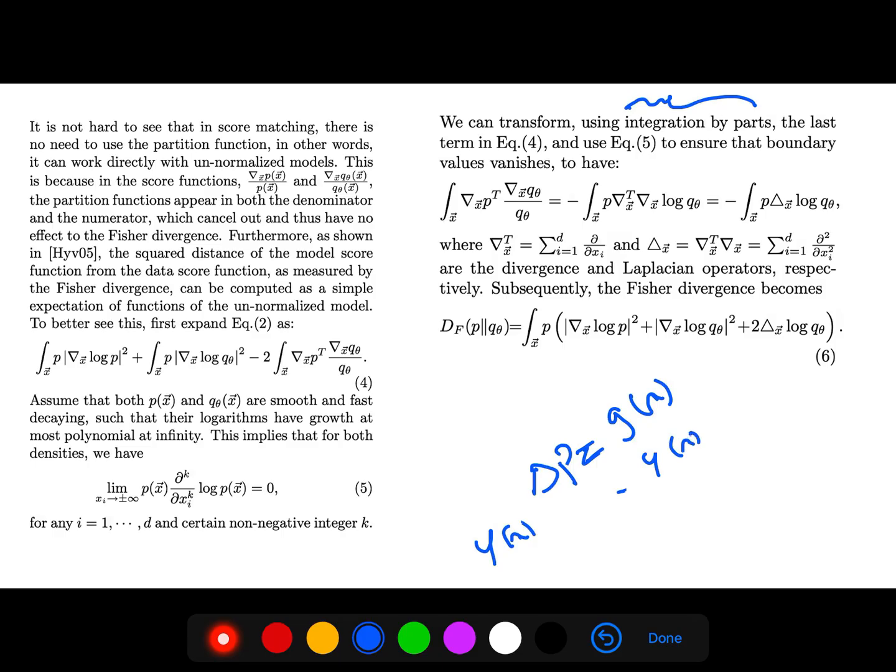Then you integrate by parts, and you have a better integral representation of that. That is very fruitful. Here they used integration by parts on the last term in equation 4. If you use equation 5, it ensures this boundary value vanishes at the boundary.